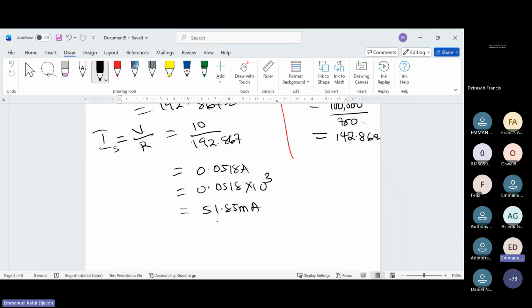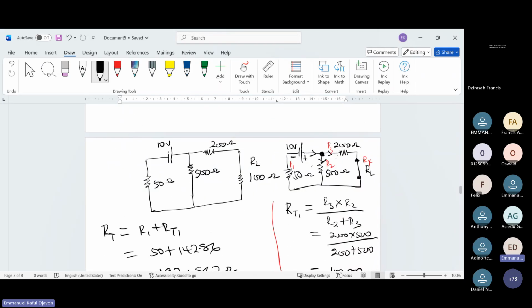We have to calculate the voltage in the 50 ohm resistor. When you have a parallel circuit, the current varies while the voltage is the same. But here we have to look for the voltage because we can easily get it, since we know the current there already.